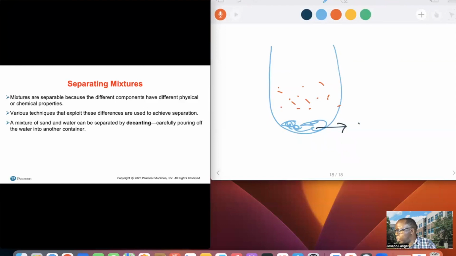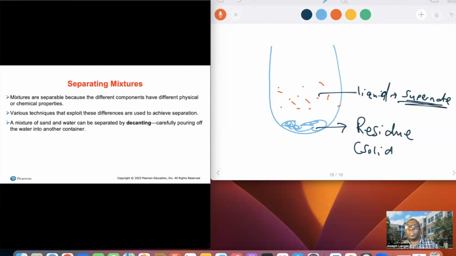We call this residue, that means the solid that will settle down, and the liquid here we call the supernatant. The proper term you'll see in the lab is supernatant. It's the liquid which remains. So I can pour off the liquid into a separate container, and what will remain at the bottom will be the solid residue.